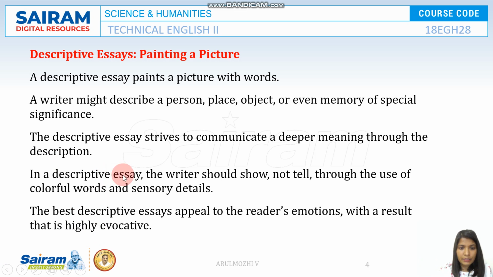Okay, in a descriptive essay, the writer should show, not tell, through the use of colorful words and sensory details. So that is the special characteristic of a descriptive essay. You should not speak a lot about what is happening, you should show through colorful words, colorful picturization.